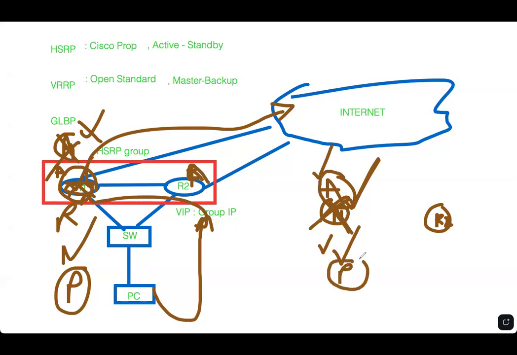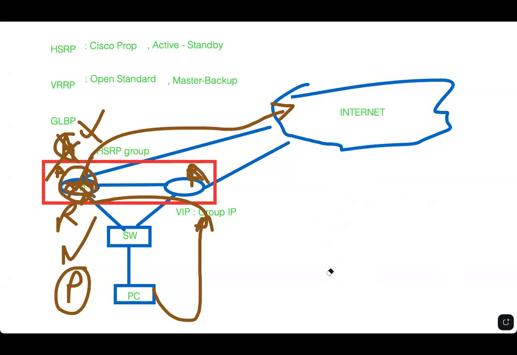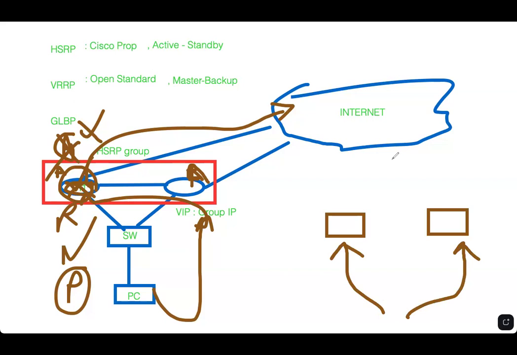Okay. So to give a real-time example, let's say you have path 1 and path 2. You want to go to a destination.